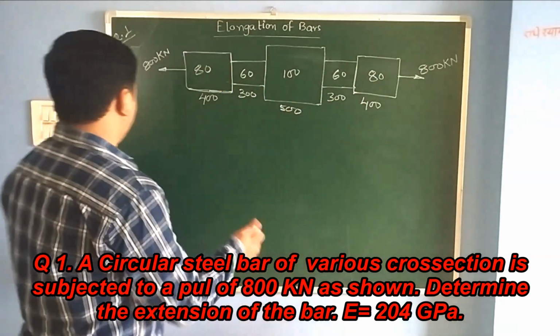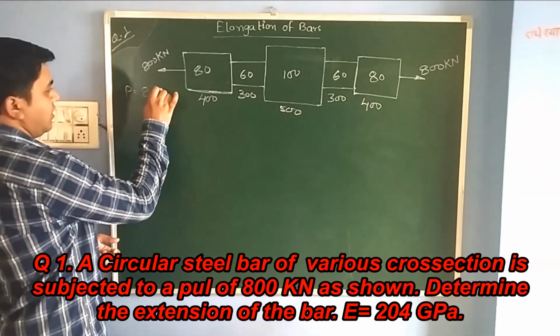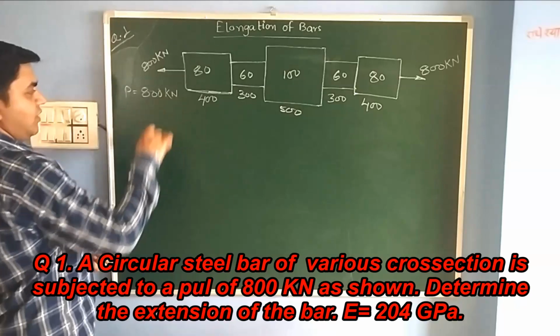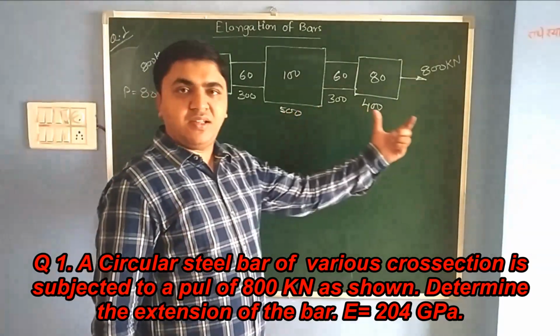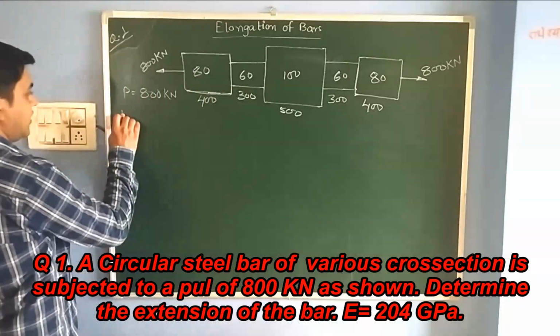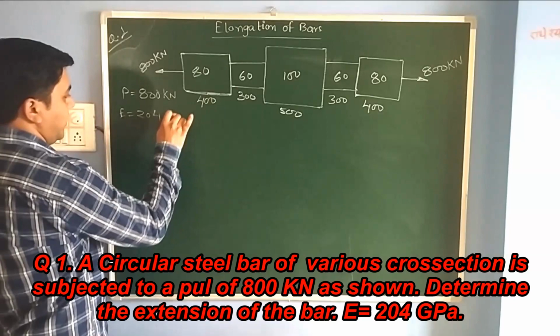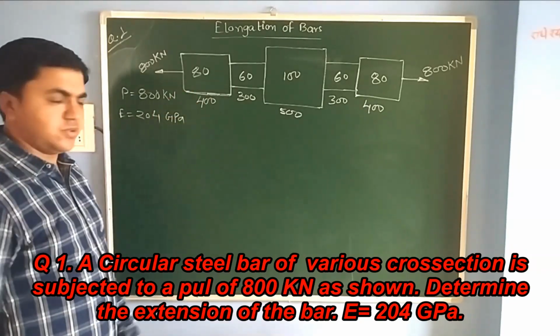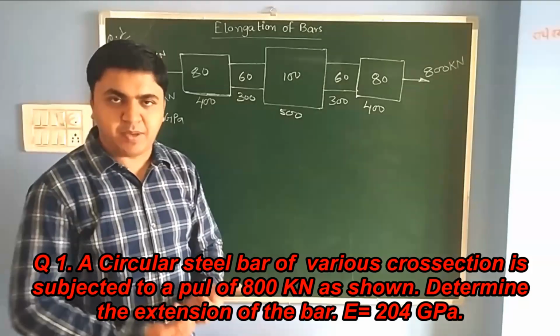One more data is given: force P is 800 kilonewton, and the Young's modulus for all the material is the same, given as 204 GPa. We'll see all the conversions also. For this bar you are supposed to find out the elongation of the bar.